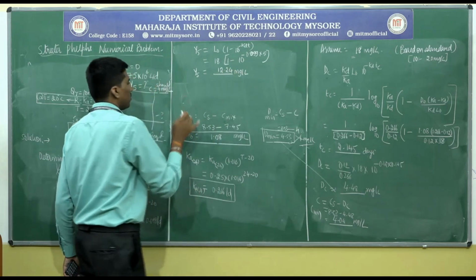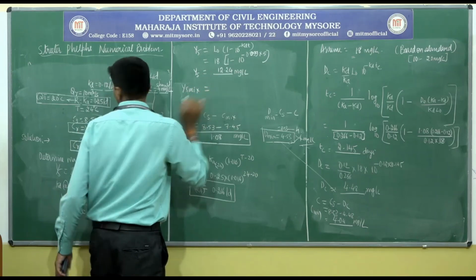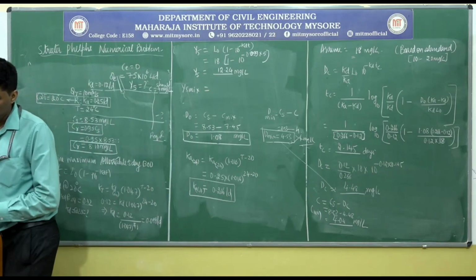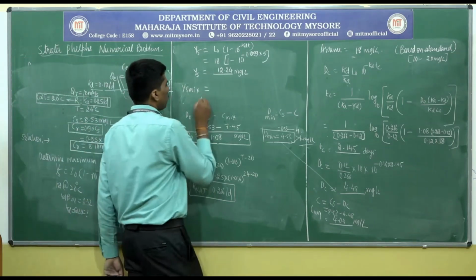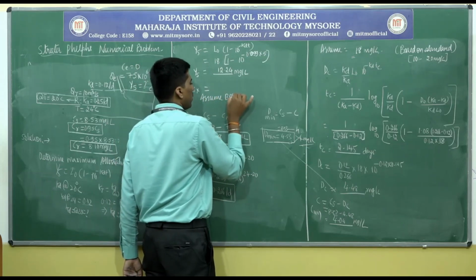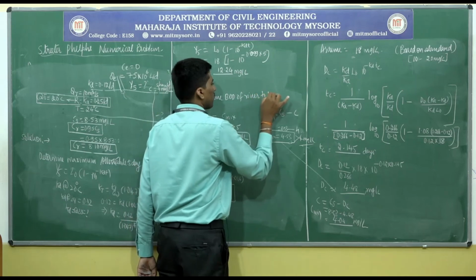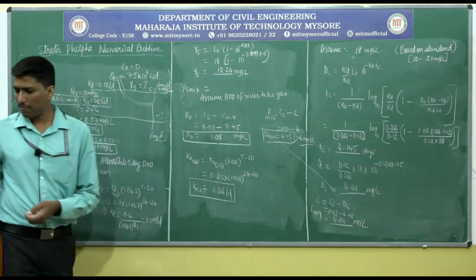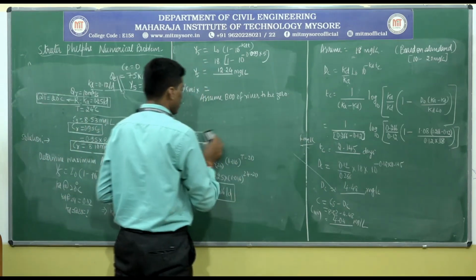Now calculate what is the Y mix. Assume that the BOD of the river is 0. Assume BOD of river to be 0. Now Y mix we are able to calculate, that is the allowable concentration here.